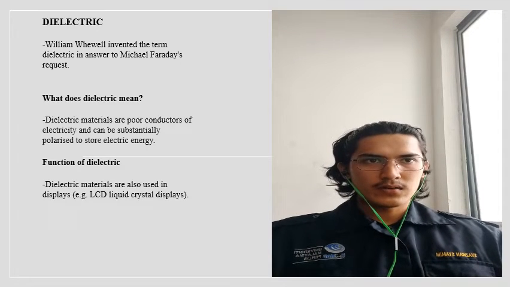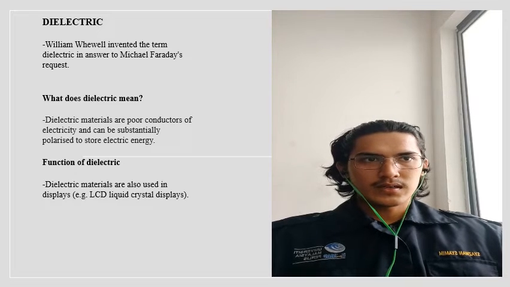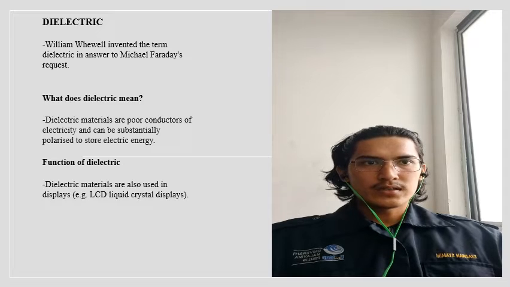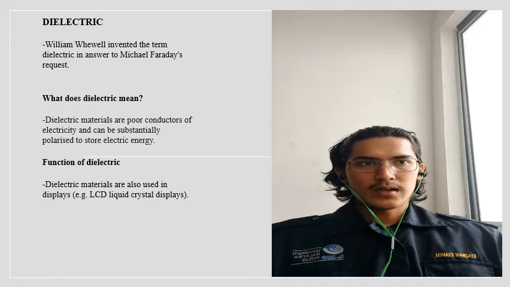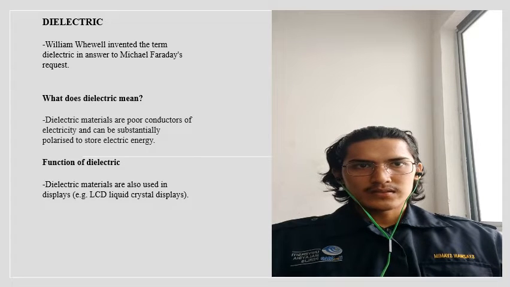Okay, the history of the dielectric. William Whewell invented the term dielectric in answer to Michael Faraday's request. A perfect dielectric has no electrical conductivity. Like an ideal capacitor, dielectric materials resist the flow of charge. Dielectric polarization, electric susceptibility, dissipation, tunability, reaction.